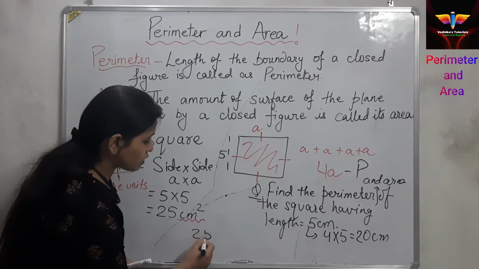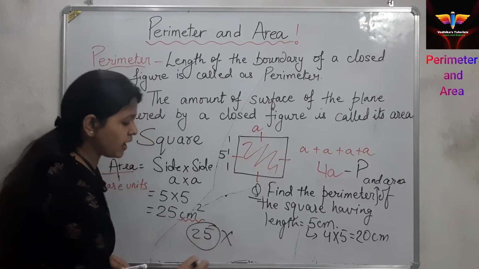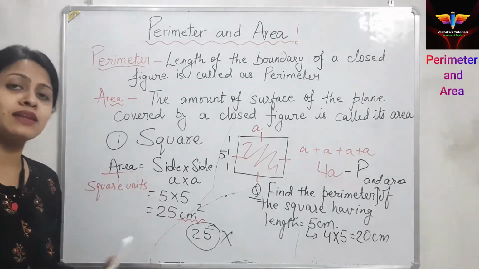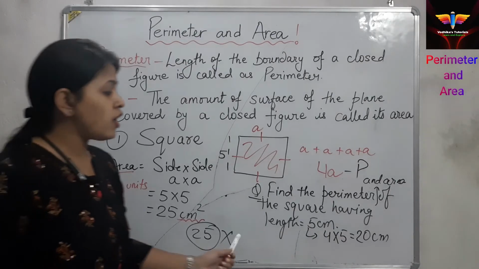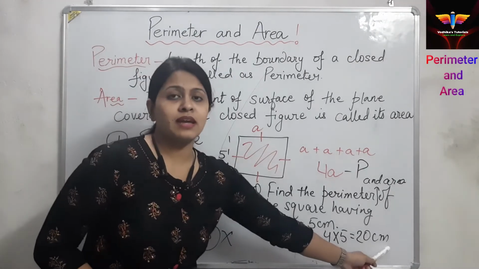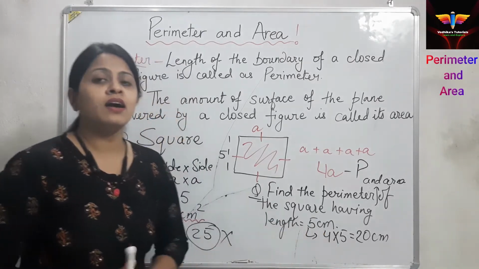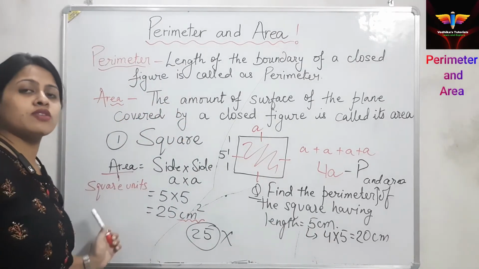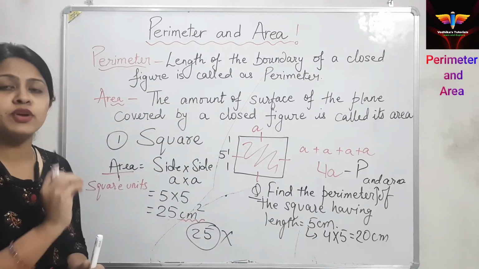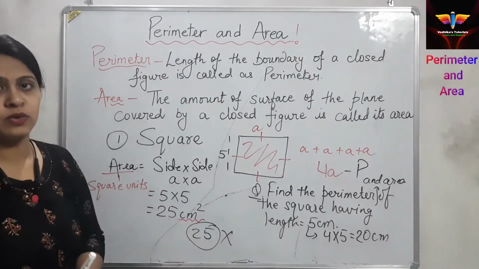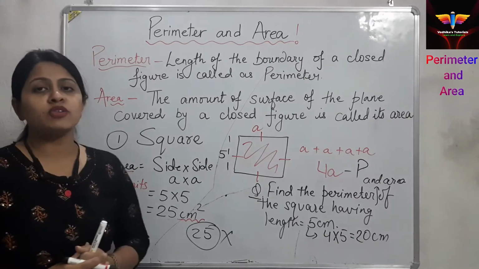If you write only 25, your answer will be wrong, or if you write 25 centimeter, again it's wrong. Why? Because centimeter only comes in perimeter. If it is talking about perimeter, you can write the unit as it is, but when it is talking about area, you have to put a square on the above of the unit. Okay, so this is all about square.